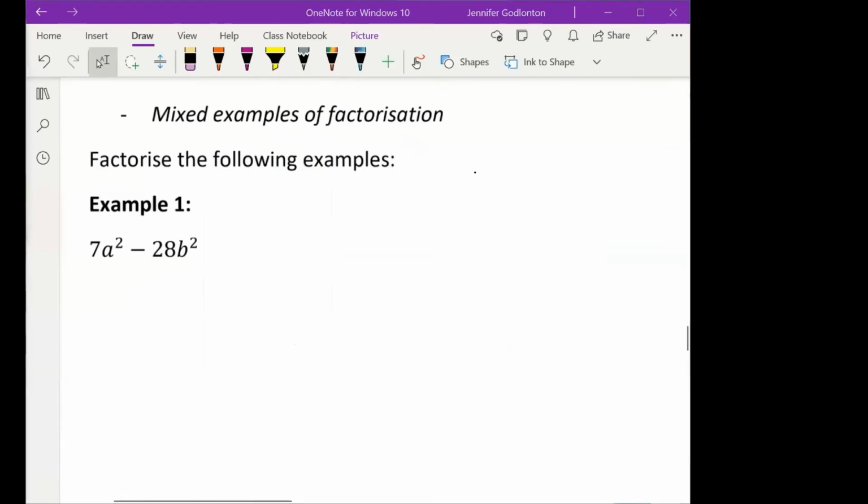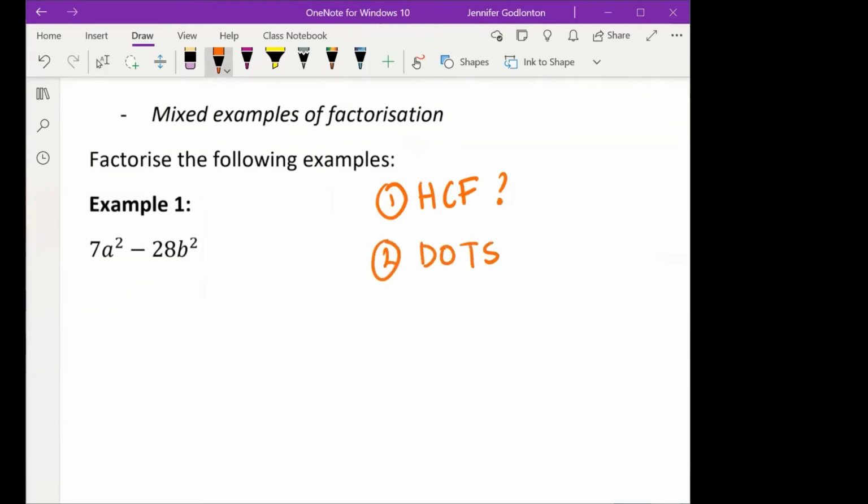The first thing is we always look for a highest common factor. If there's a highest common factor, we always take it out. Second thing we look for is, are there two terms? If there are two terms, can we do difference of two squares? Remember that stands for difference, so the minus sign, difference of two square numbers.